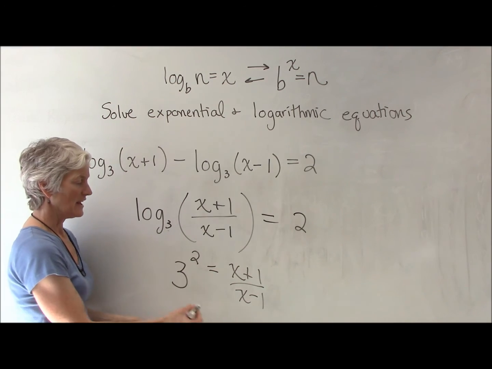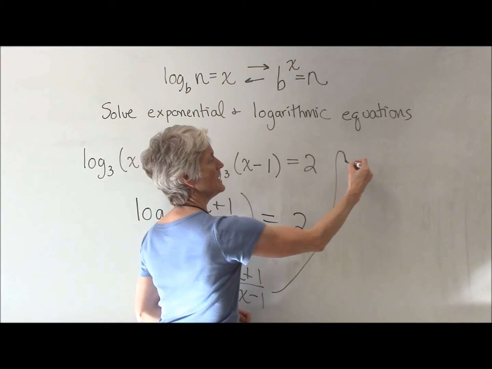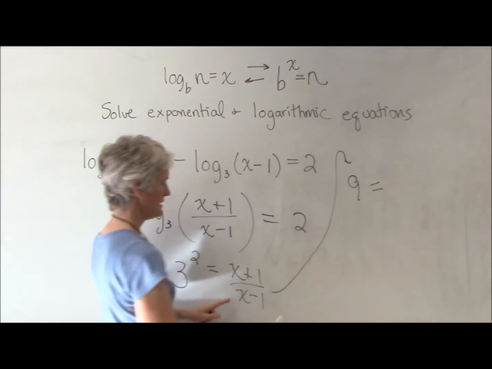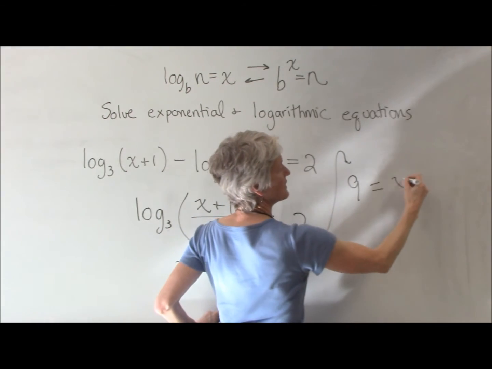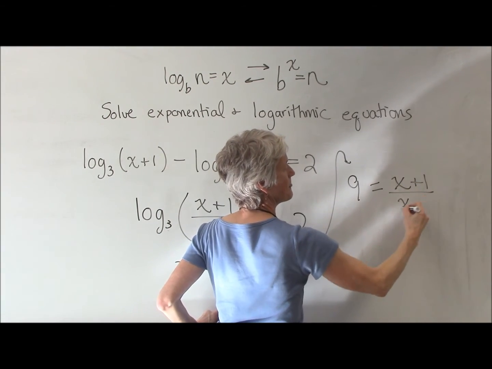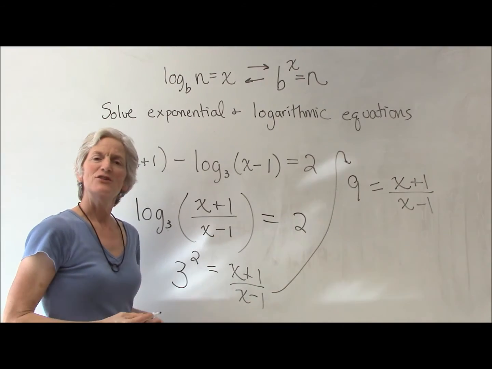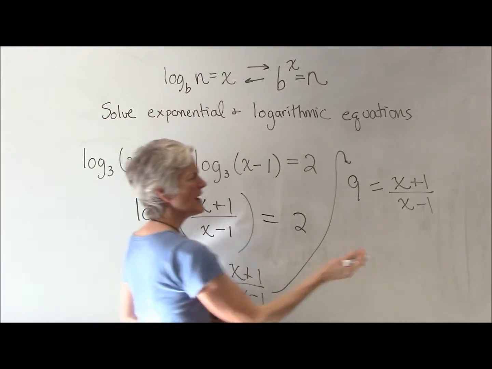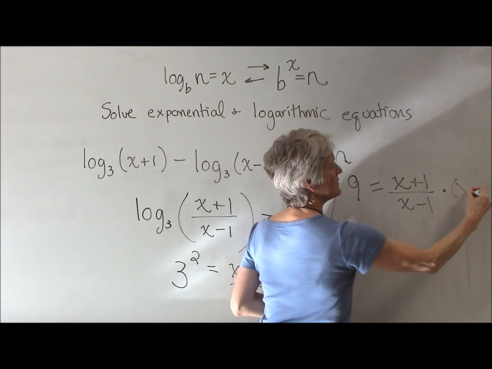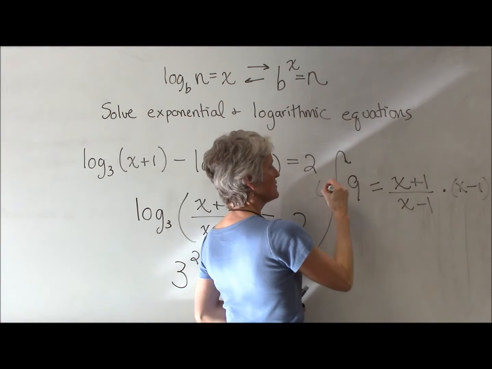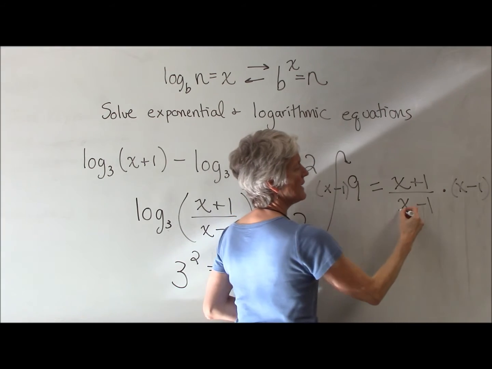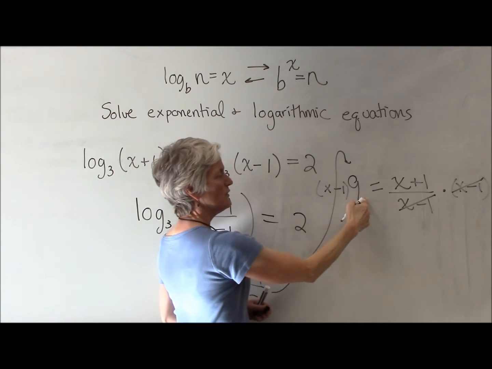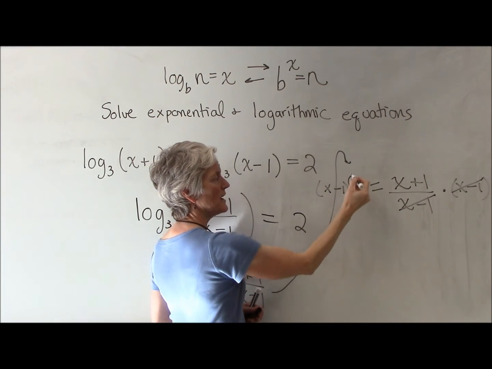All right, well, I think that 3 squared can become a 9. That's not too bad. x plus 1 over x minus 1. I'm going to do my tried and true: multiply both sides by the denominator. Whenever I have a denominator, that's always a handy way to do it. So I have 9 times x minus 1.